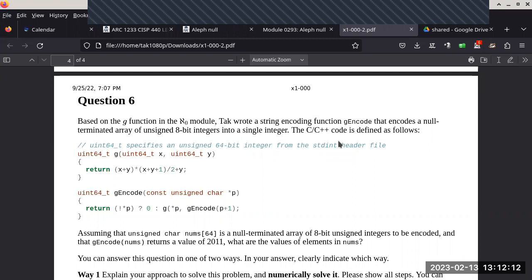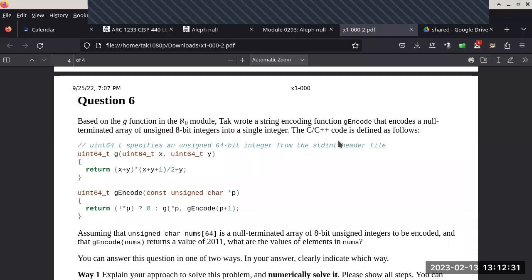Where did we get that G function? It's in the Aleph No module, okay? It's using exactly the same equation, the same definition, except this one is in C++ notation instead of math notation. That's it. So G encode is the only one that is new to us.